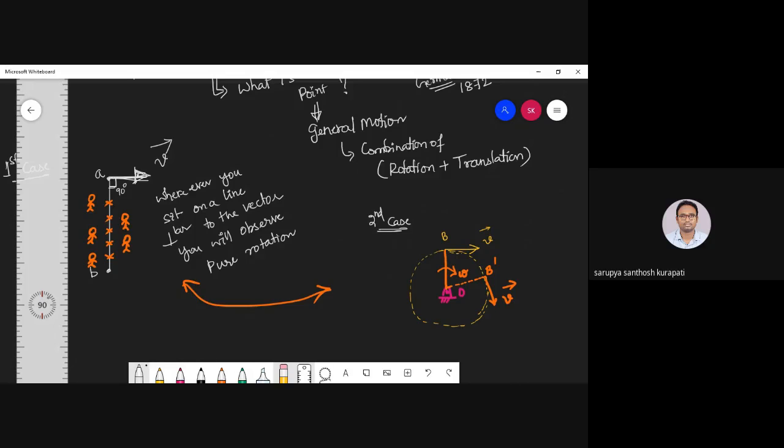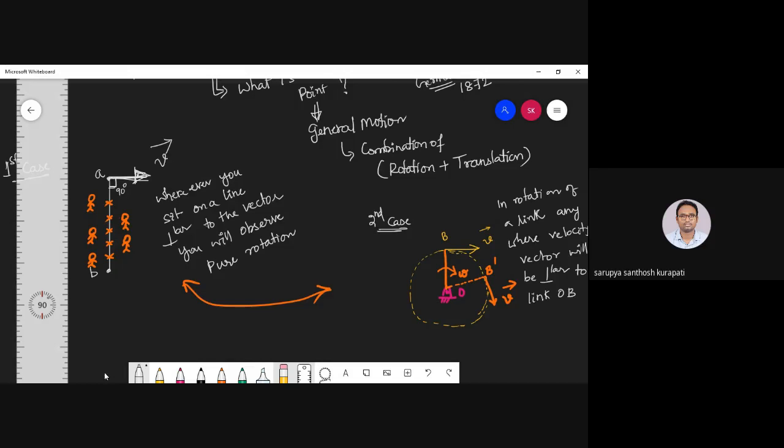So I'll write here: in rotation of a link, anywhere, the velocity vector will be perpendicular to link OB.